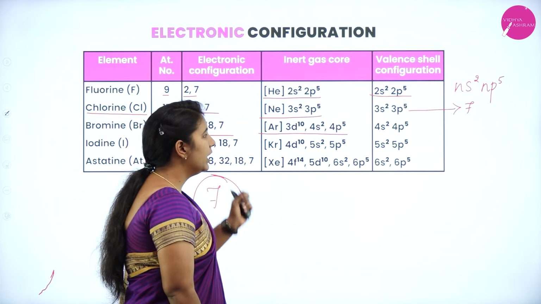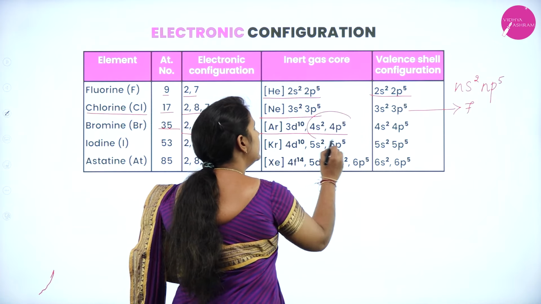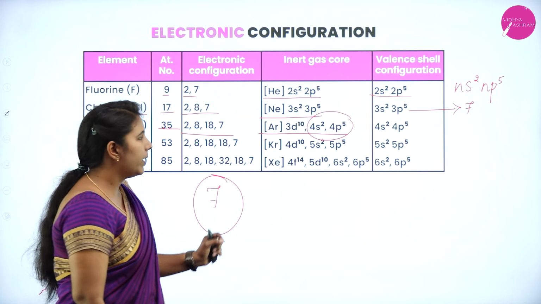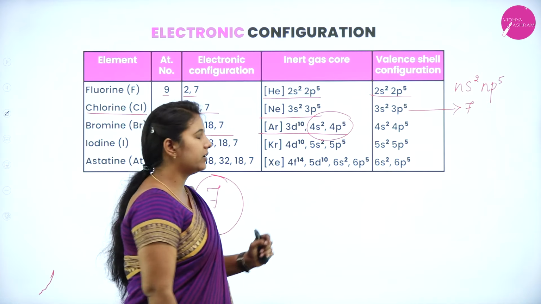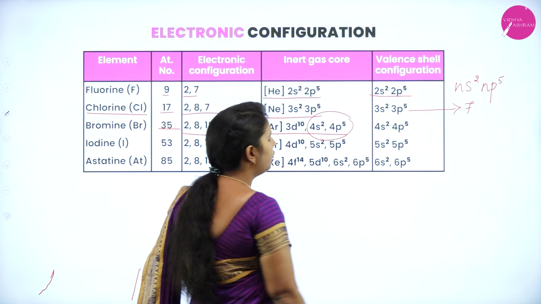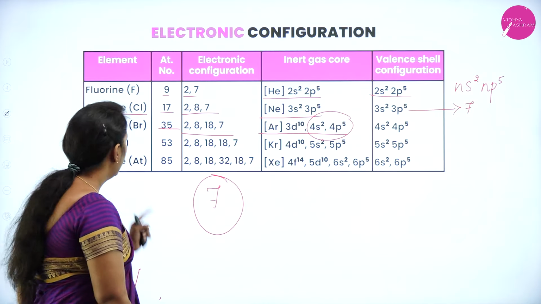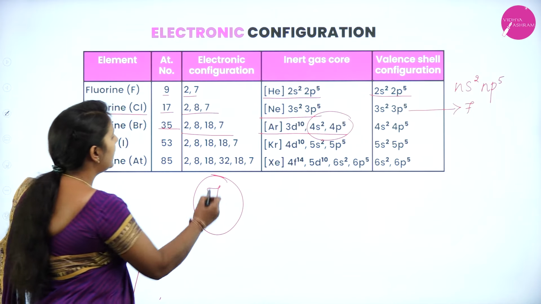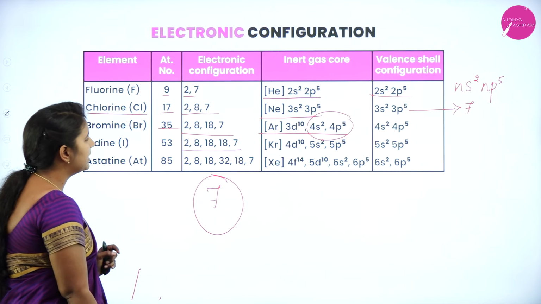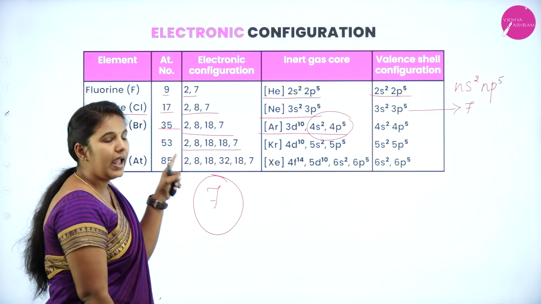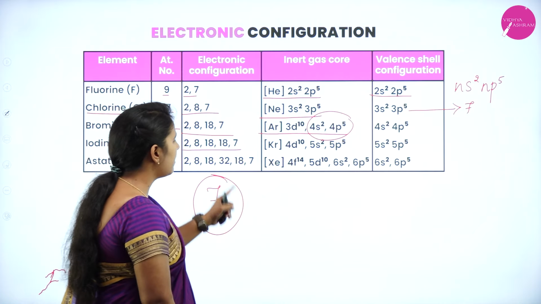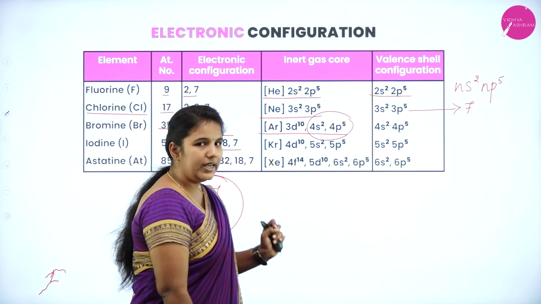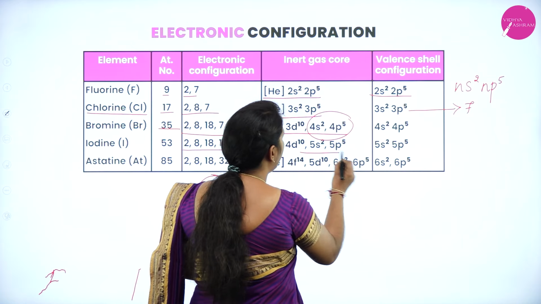And here also you can observe the valence shell electronic configuration of bromine, which consists of 7 electrons, and it will be written as 4s2 4p5. And coming to iodine, it has atomic number 53 and the electronic configuration goes like this, that is 2, 8, 18, 18 and 7, and the inert gas core configuration will be krypton 4d10 5s2 5p5.